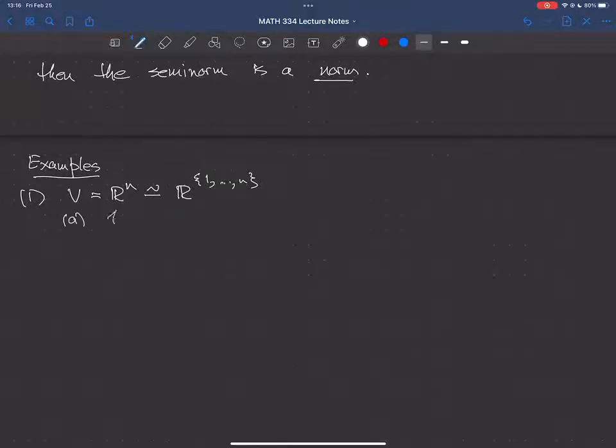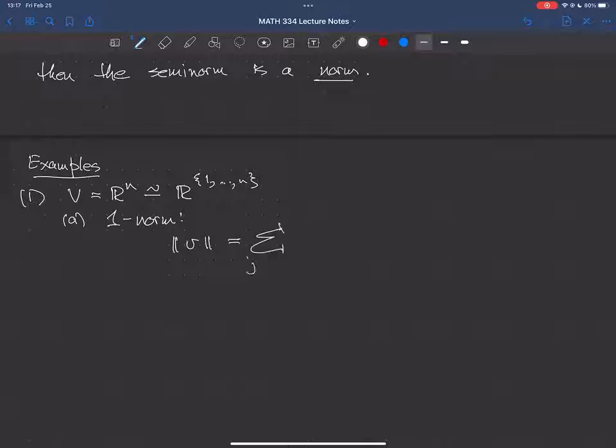So the first norm we're going to call the 1 norm. And it is defined as follows. You take a vector v in R^n, and so remember that v is in R^n, so it's an ordered n-tuple of scalars.